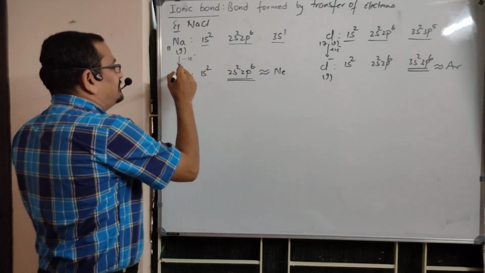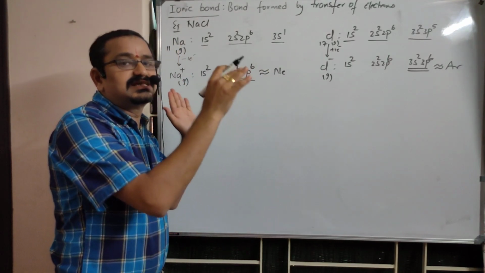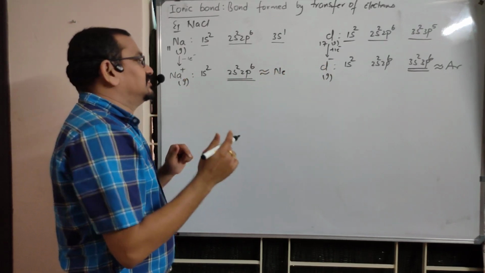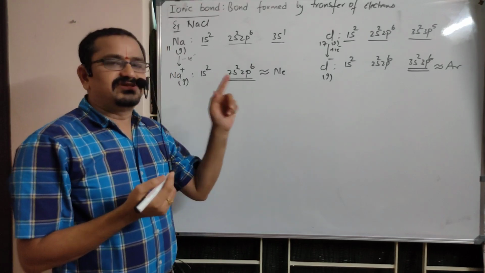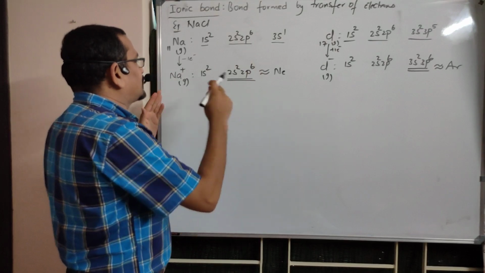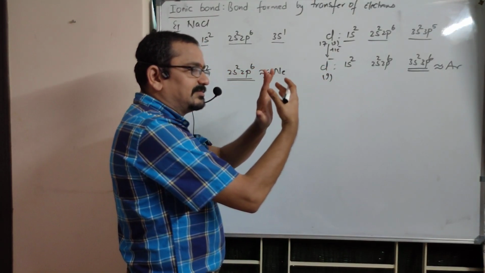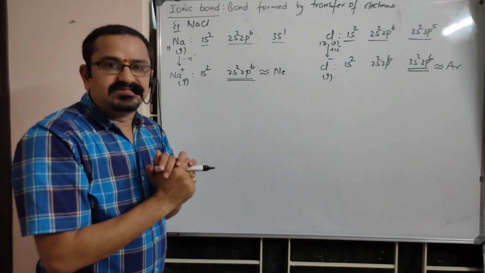Now what happens, as these two are oppositely charged ions, they will be attracted to one another. You know that electrostatic force is the force of attraction between two oppositely charged ions. So because of that electrostatic force of attraction, Na plus and Cl minus will be held together, and thus an ionic bond is formed.